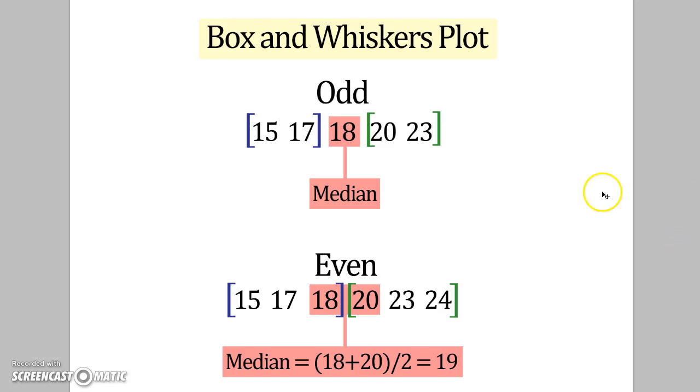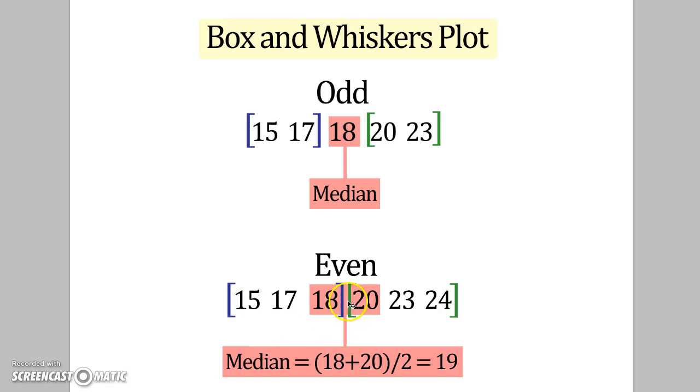So a second thing to consider is when creating a box and whiskers plot, there's going to be a total of 4 sections, also known as quartiles. So in an odd set of numbers, the first 2 sections go up to 18, and the last 2 sections start at 18 and would end at the right value, or 23. Now, in the case of an even set of numbers, the median point being 19, the first 2 quartiles or sections would start at 15.